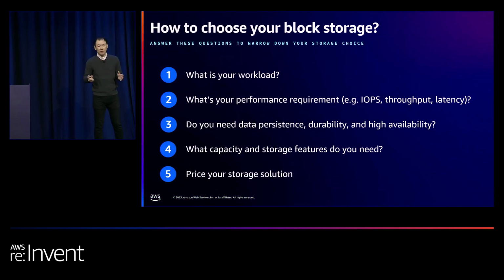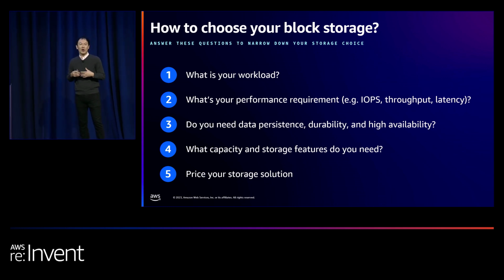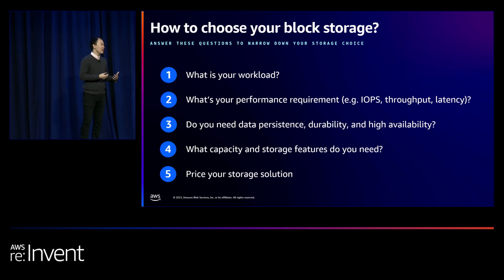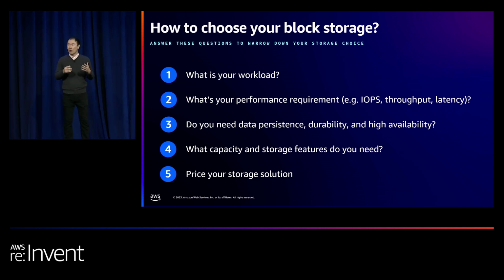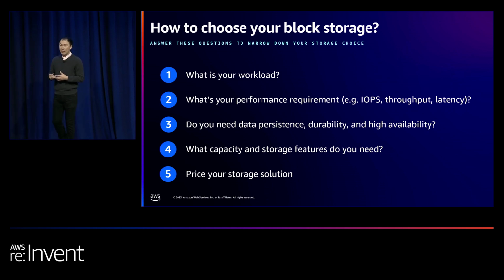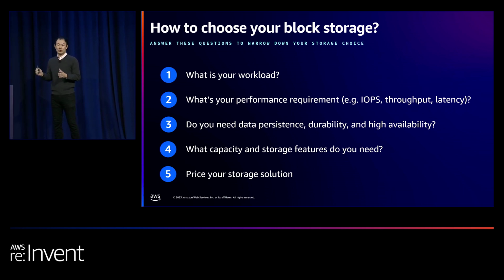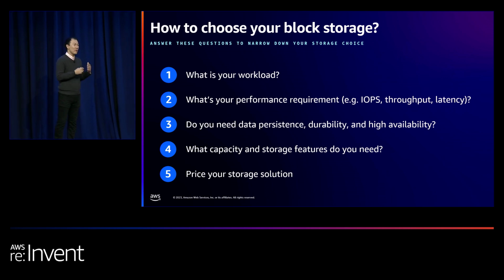The way to simplify this process is by answering these questions. If you're able to think through these questions and answer most of them, it will guide you to your right solution. We start with identifying your workload. That will give you an idea of broadly which block storage to choose. And then it is important to think about your performance needs.